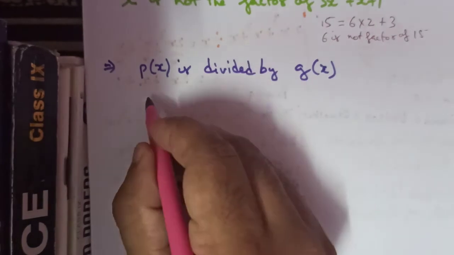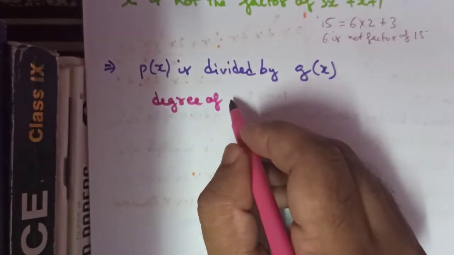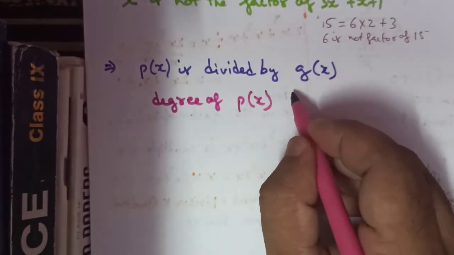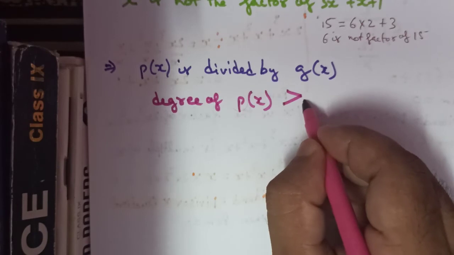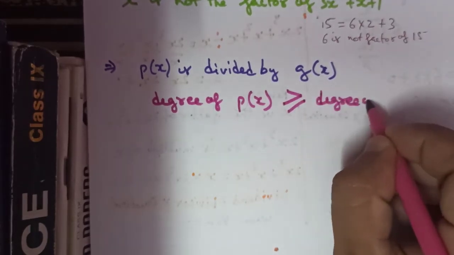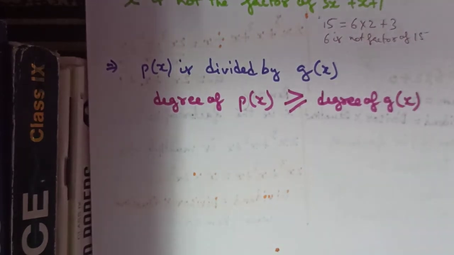So first of all, the degree of the dividend polynomial, that is px, will be always greater than or equal to the degree of gx, the divisor polynomial.